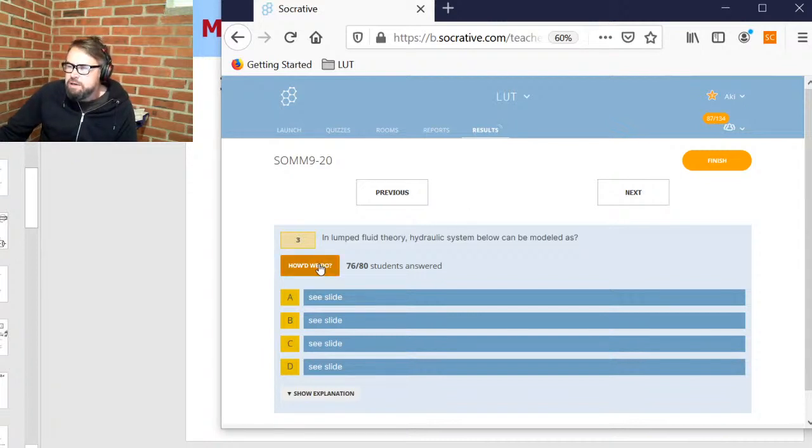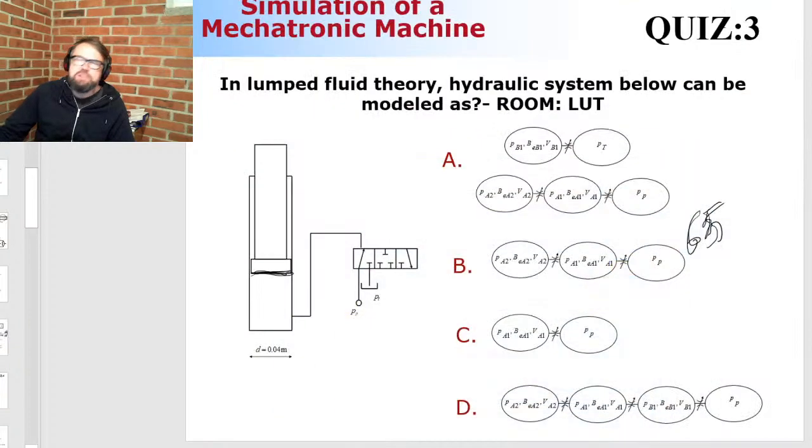All right, so let me show the results to you. Now we got quite low numbers. There's 45%, which is okay, because remember we scored so well in the first in-class quiz that the rest doesn't really matter. Why is this correct?